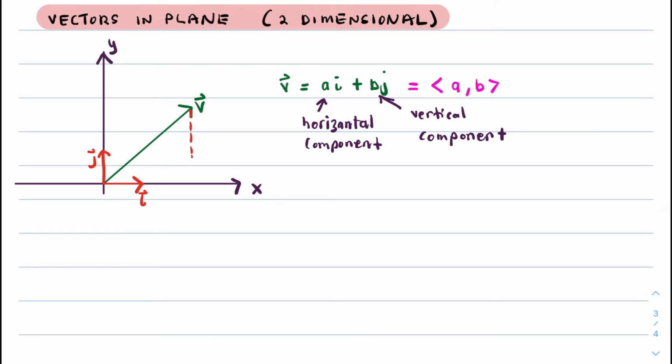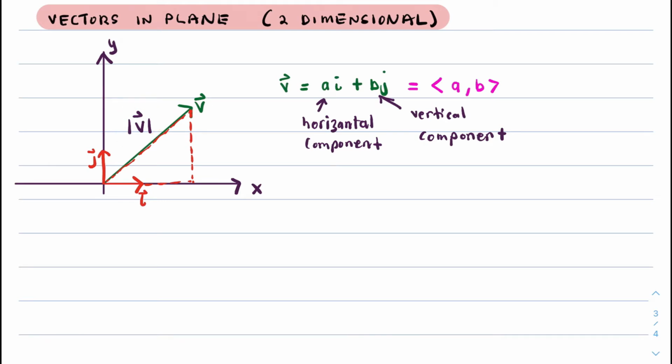So this length, we can name it as the magnitude of v. Instead of the radius or the hypotenuse, for a vector, we name it the magnitude of v.